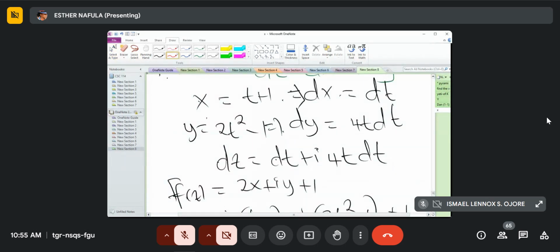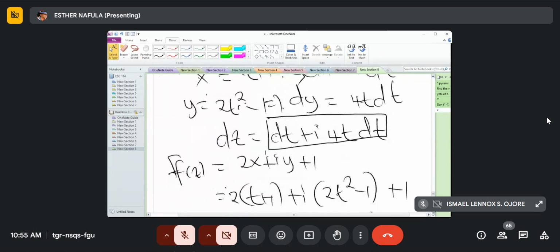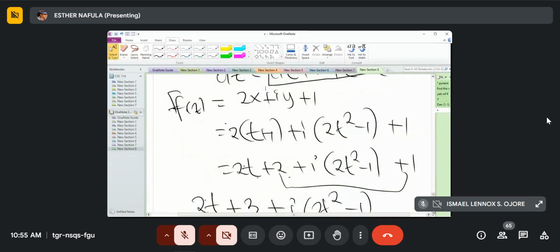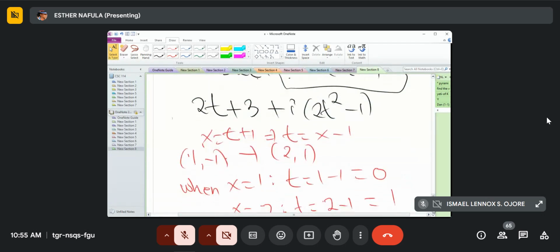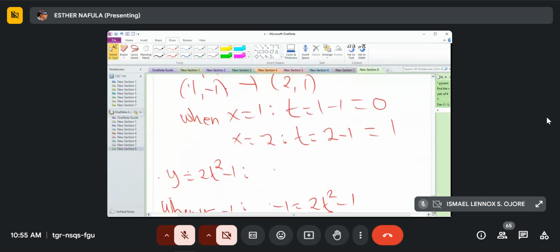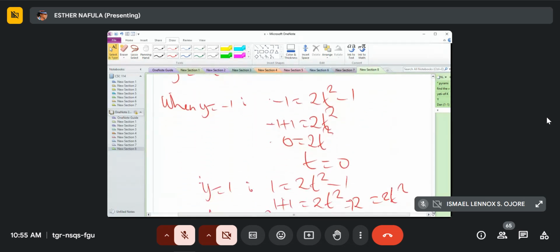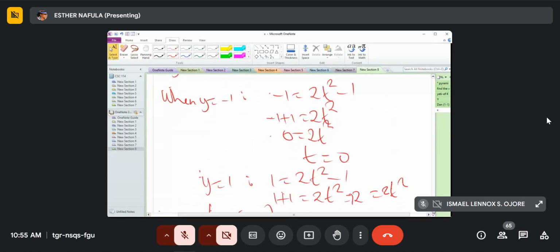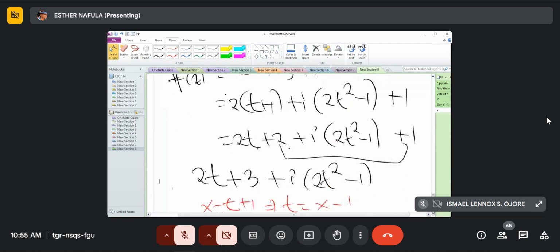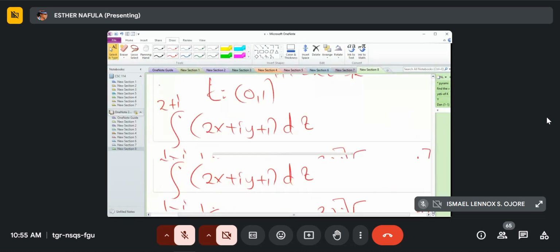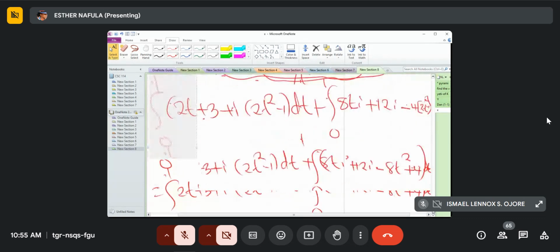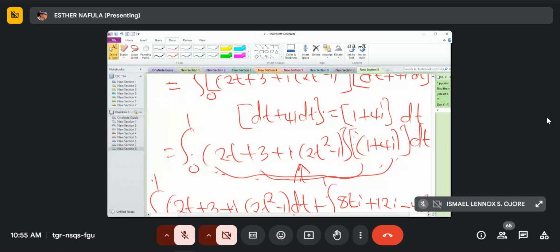Here's our dz. dz is dt plus 4it dt. So in place of dz, we're supposed to have dt plus 4it dt. So there is a t here.